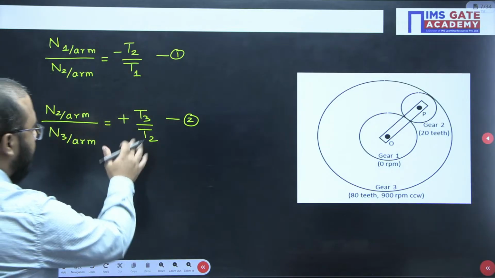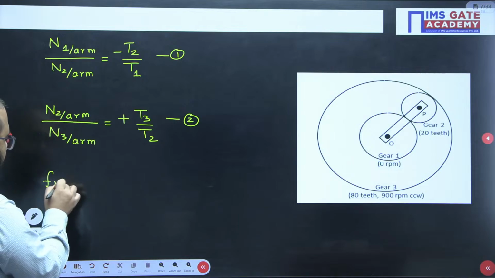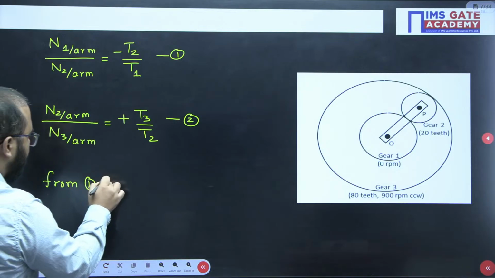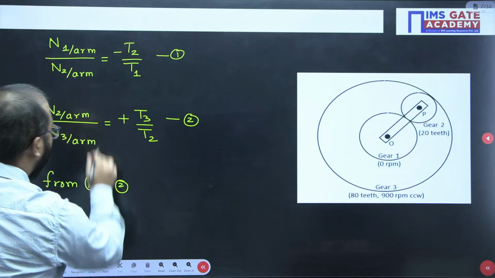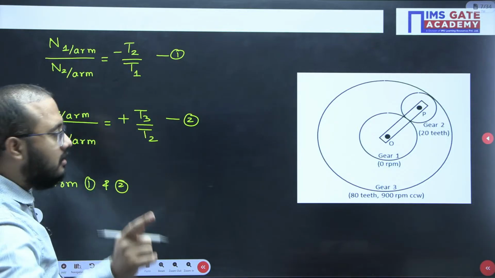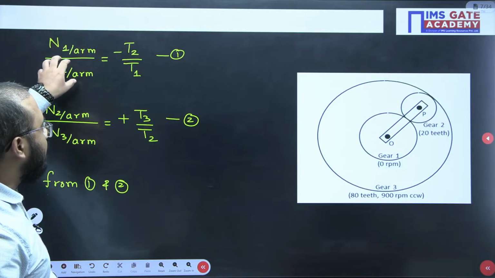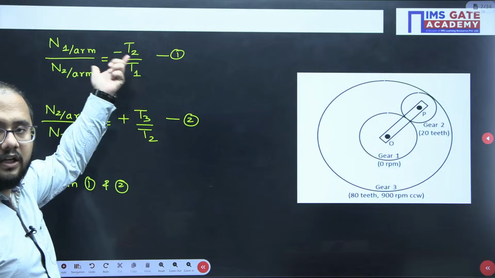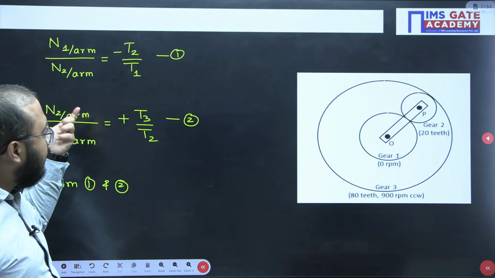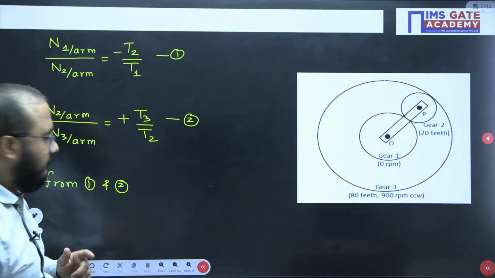Now, using relations 1 and 2, I can easily write, see, if I multiply both these relations, what is going to happen? This 2 with respect to arm and 2 with respect to arm will get cancelled out, because in equation 1 it is in the denominator and in equation 2 it is in the numerator.